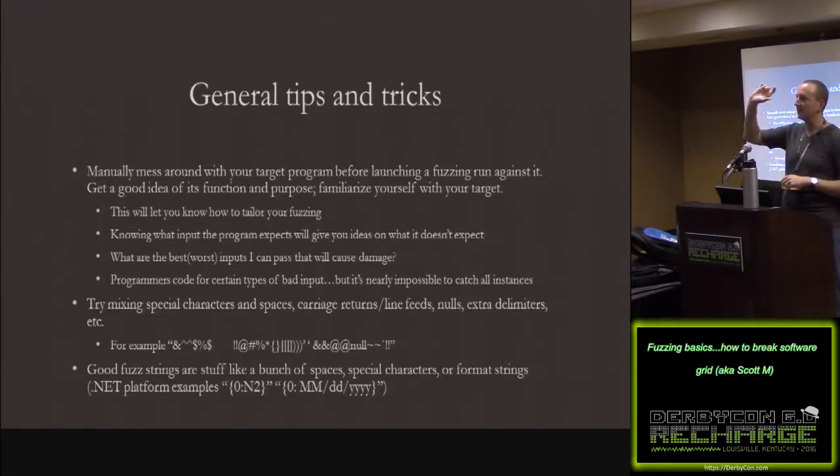They'll have a block that says, okay, I want to reject an alphabetic character in a numeric field, for instance, but they may not do bounds checking, length checking, or stuff like that. So try mixing special characters, spaces, carriage returns and line feeds when you create your fuzz strings, just to see what the program does.